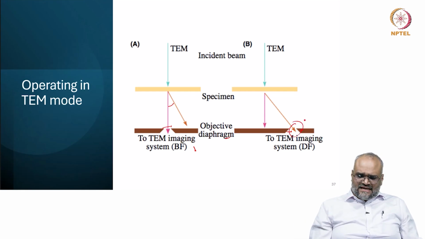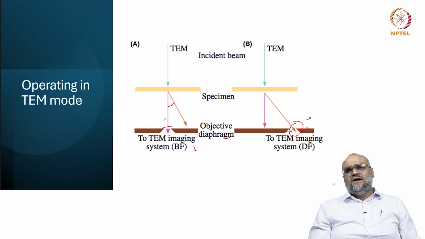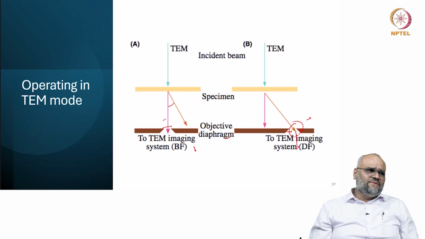This is actually a weaker beam than the central beam, so these are called weak beam diffraction conditions, which is then used to image and obtain what is called a dark field image.